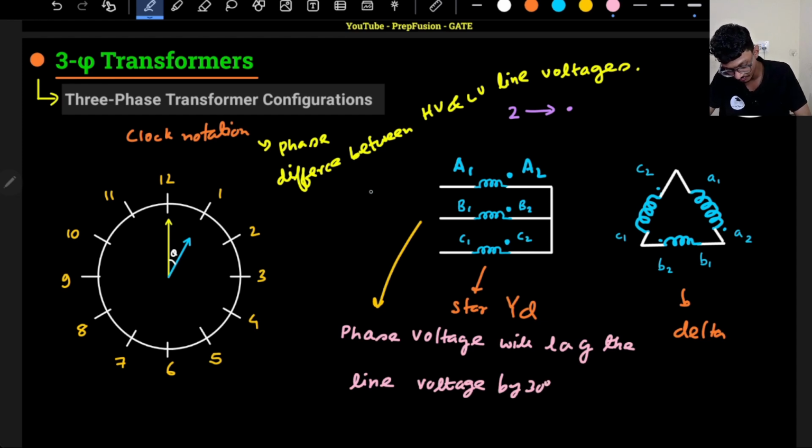So if VAB was V angle 0, the magnitude will be V by root 3 angle minus 30 degrees.